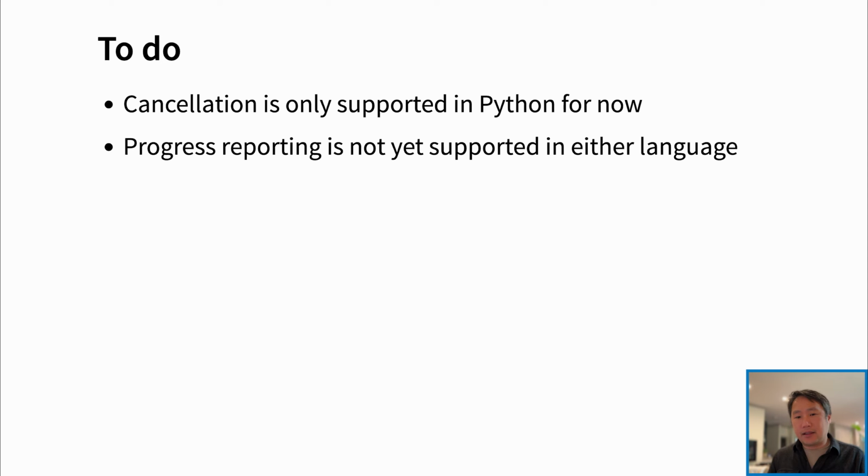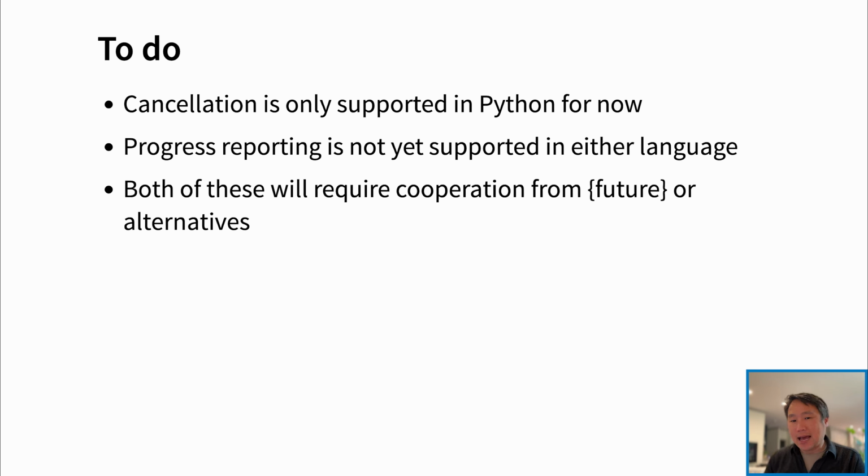There is the ability to use a button that you click to start the operation, and that button will say something like processing, but having a progress bar that shows you how far along you are is not currently supported either for R or for Python. We would really like to add both these features. On the R side, it's going to involve working with future to make that possible.